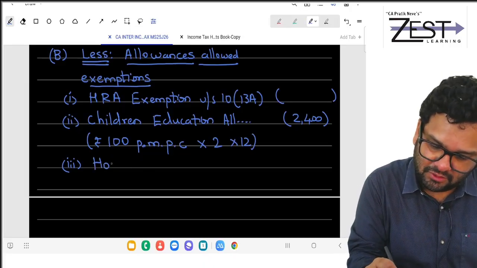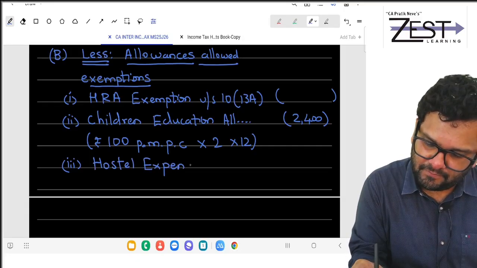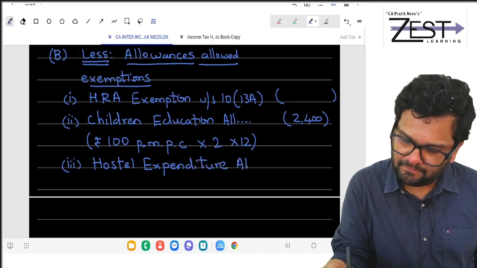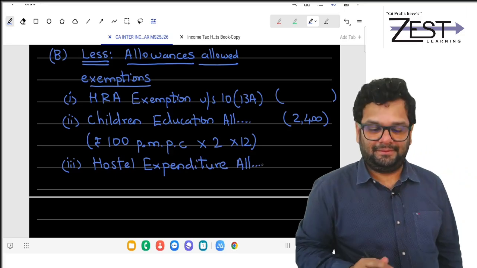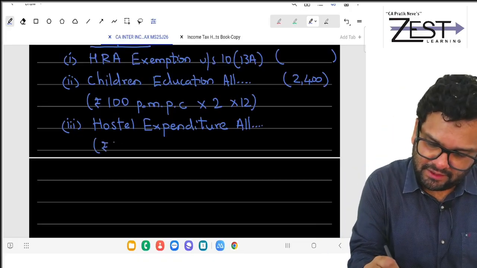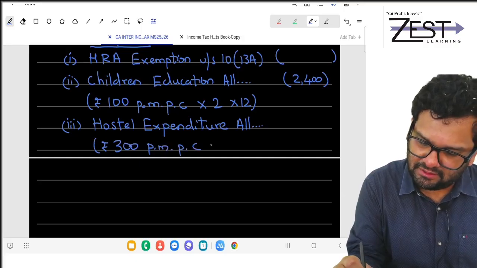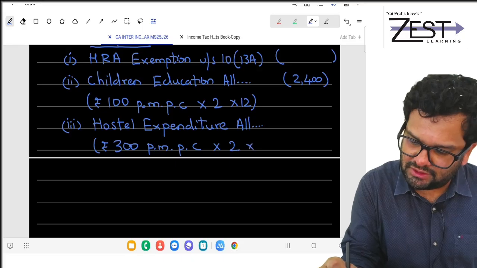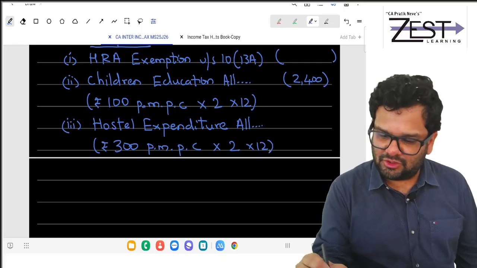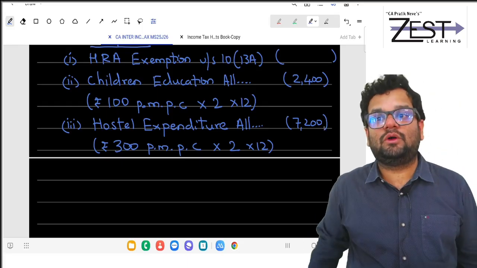How much for hostel expenditure allowance? 300 rupees per month per child into two children into 12 months. Check how much you are getting. 7,200.